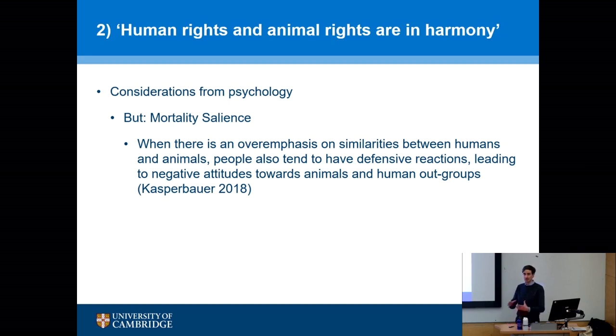The idea is essentially that animals, because of their bodily, material existences, tend to remind us that we are ourselves mortal creatures. And statistically speaking, an overemphasis on similarities between humans and animals tends to lead people to have defensive reactions, leading to negative attitudes toward animals and human outgroups.